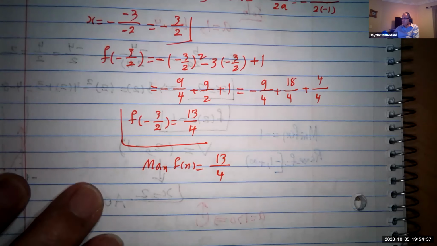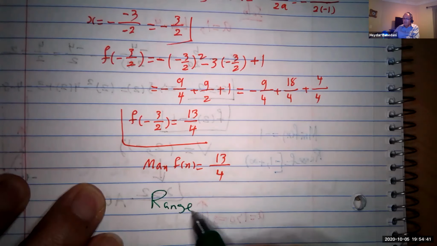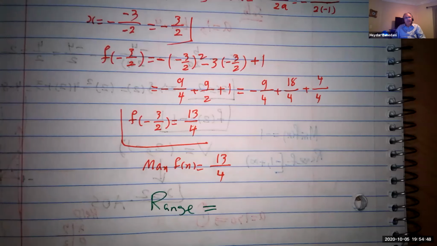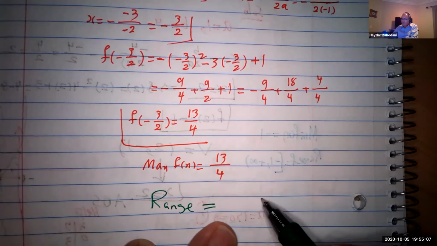So what's the range of the function? Any suggestion? Range? You have the maximum value of the function. So what's the range in interval notation? Any suggestion? Start with, you see, the maximum is here.